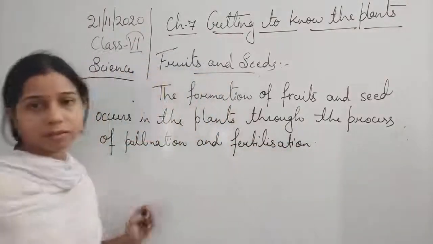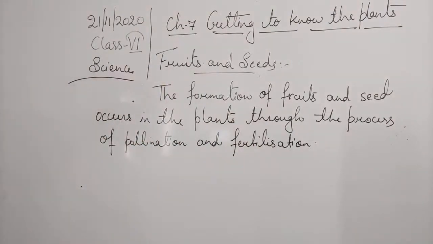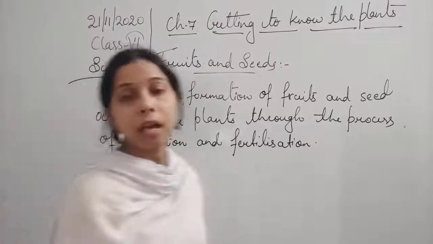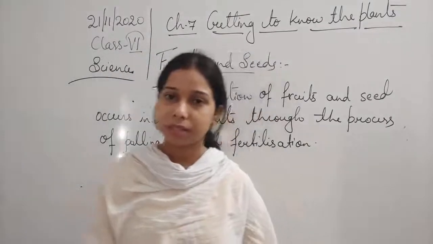So both of the processes are responsible. Actually, it is a step process. Okay. So first of all, the process of pollination occurs and then the process of fertilization occurs.